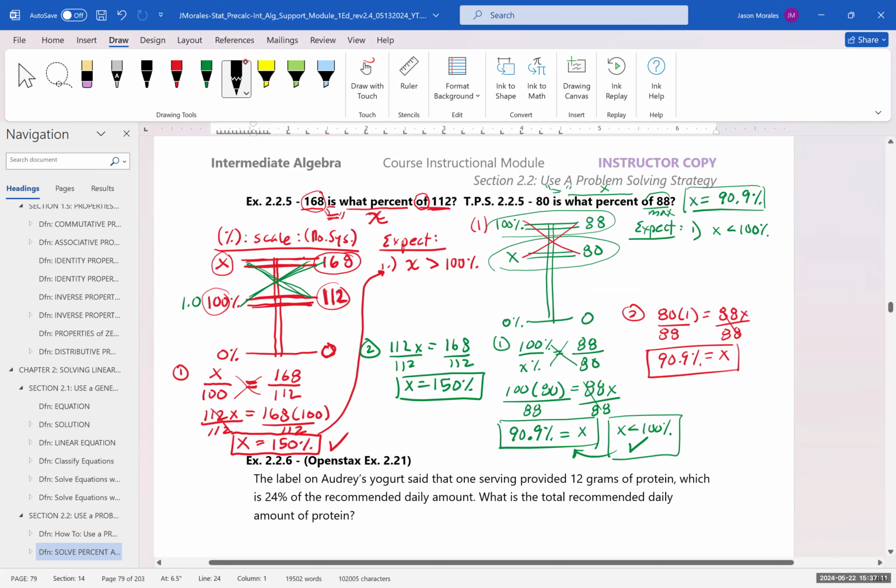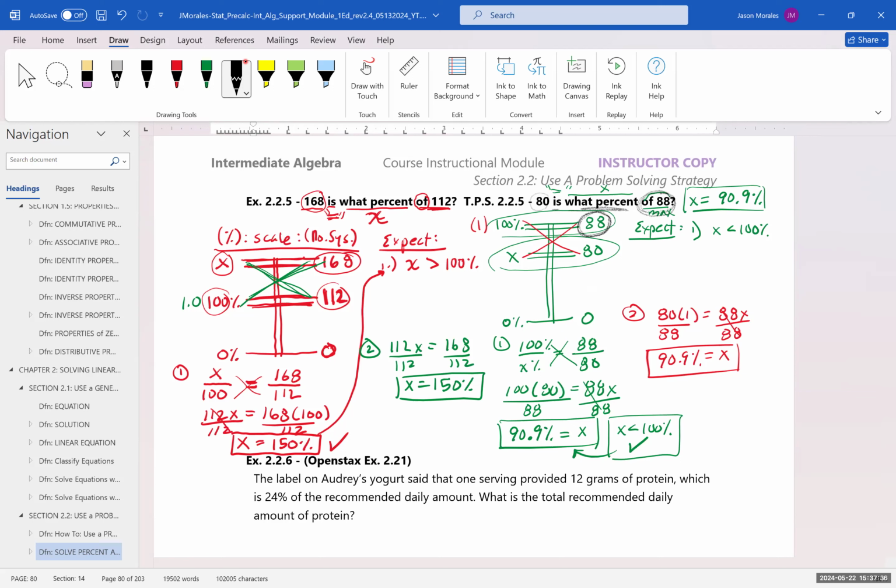Okay, now this last think, pair, share is saying that 80 is what percent of 88? So our number system isn't in dollars. It's just straight-out counting numbers here. And so this "of 88" means that 88 is going to be at the top of our number system scale.